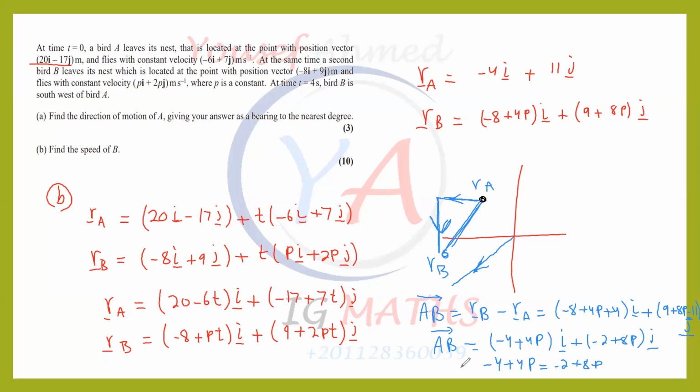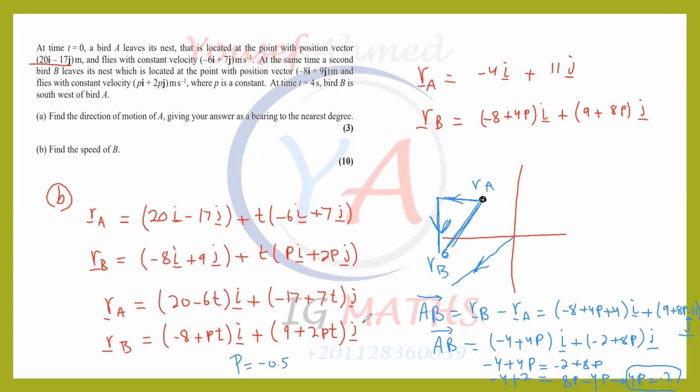So you shift, it will be negative 4 plus 2 is equal to, we have here 8p minus 4p, so it will be 4p is equal to negative 2, so p is equal to negative half. So p now is equal to negative 0.5.